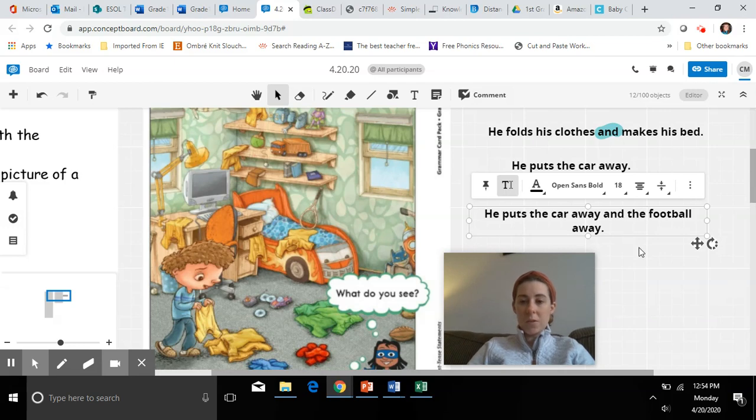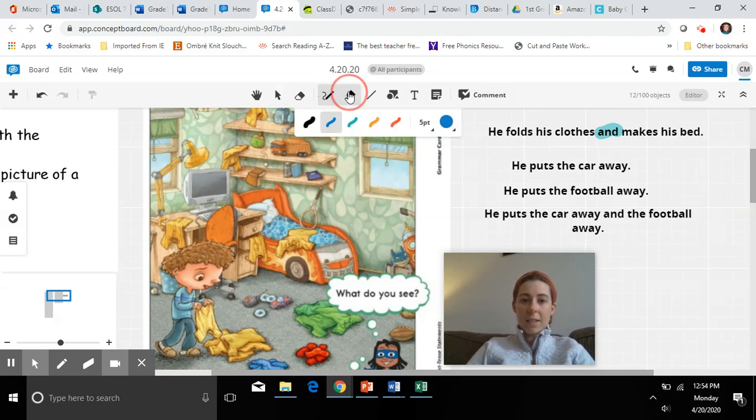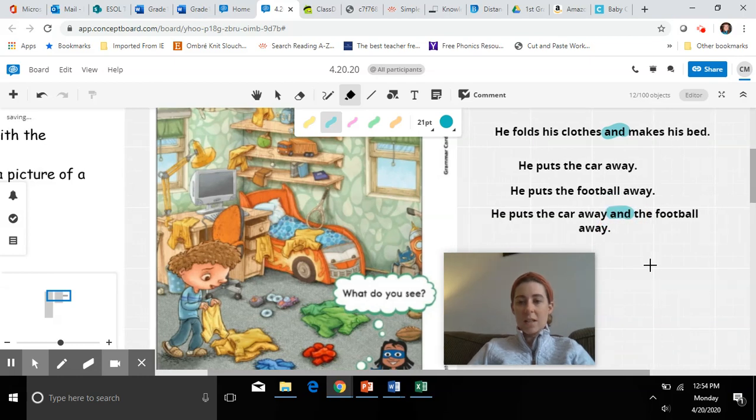That would work too. Let's try to read it together. He puts the car away and the football away. And let's make sure we can see our conjunction and. We took 2 sentences and we connected them to make one.